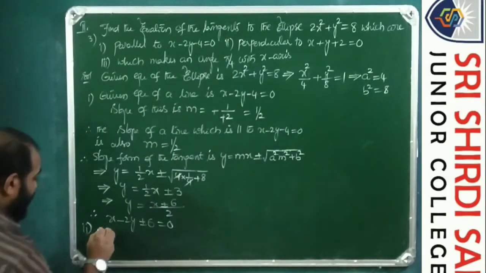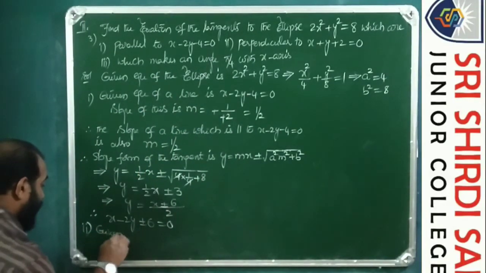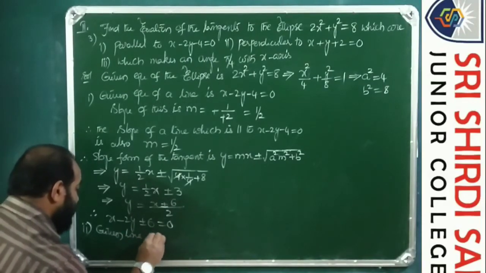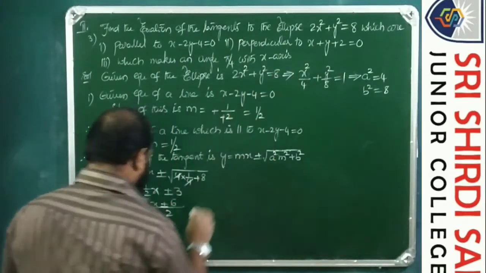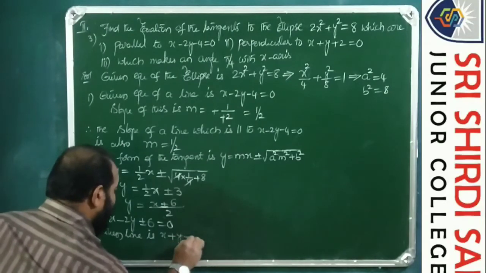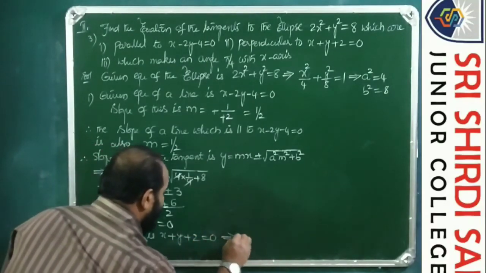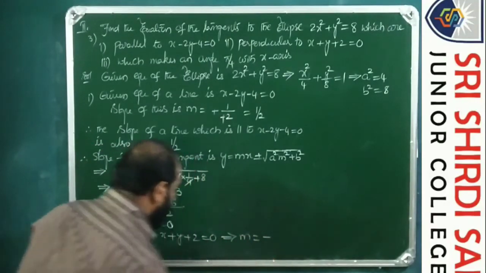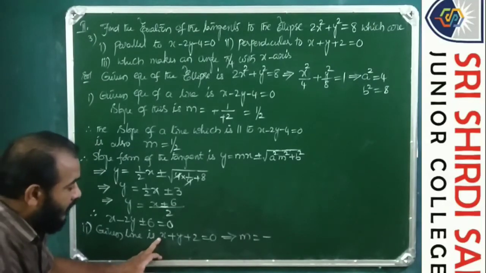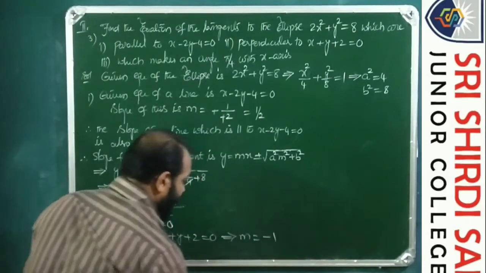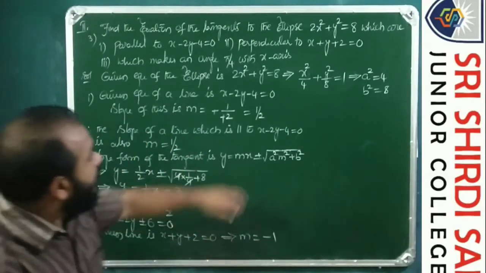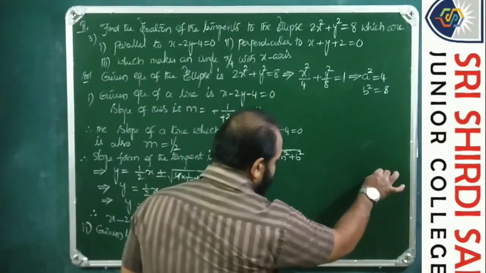So given line is x plus y plus 2 equals to 0. Its slope m equals to how much? Minus a by b, minus 1 by 1, so minus 1. But here the tangent is perpendicular to the given line.